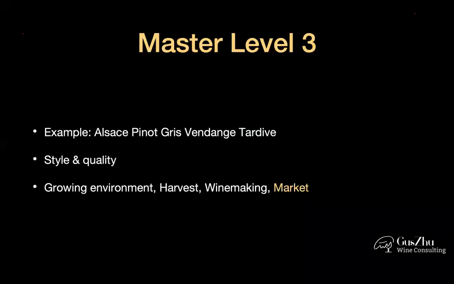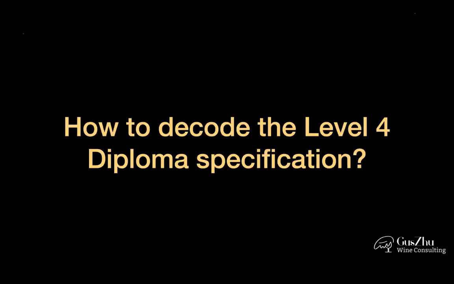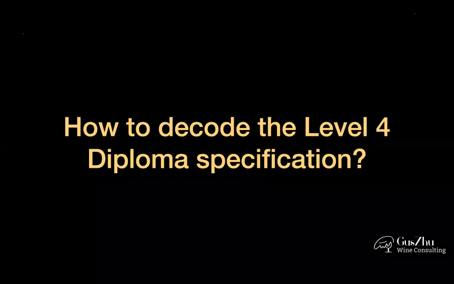In Level 4, the only thing you need to do more is to think and study as they expect. And where do we find this information to guide us? Well, let's decode the Level 4 Diploma specification, because the specification tells us what they expect in terms of what you should learn and what you should do in the exams.